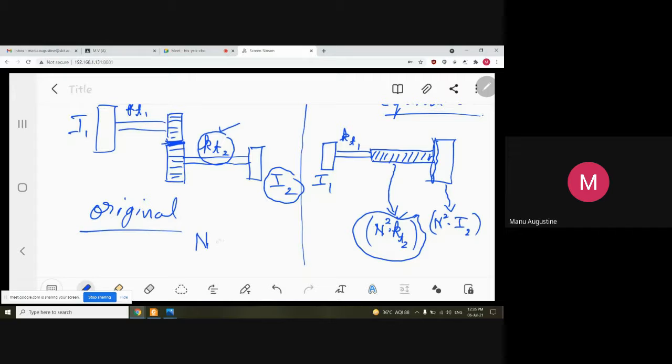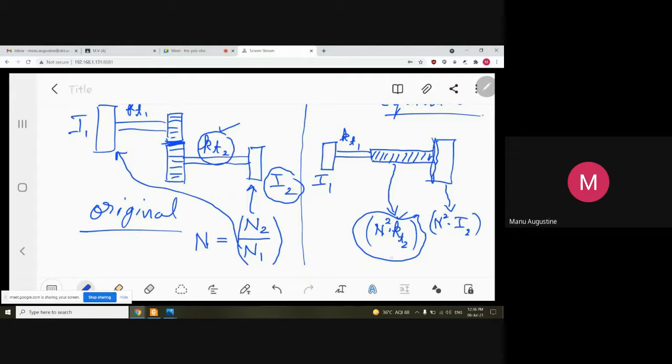This n is called the speed ratio, and it is the ratio of RPMs of the driven side to that of the driving side. So if N2 is the RPM of the second rotor and N1 is the RPM of the first rotor, then the speed ratio is simply n = N2/N1. This is a dimensionless quantity, just a real number.